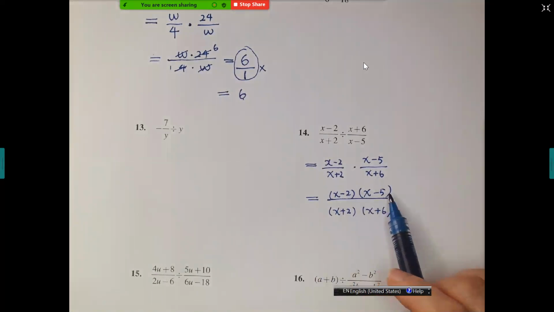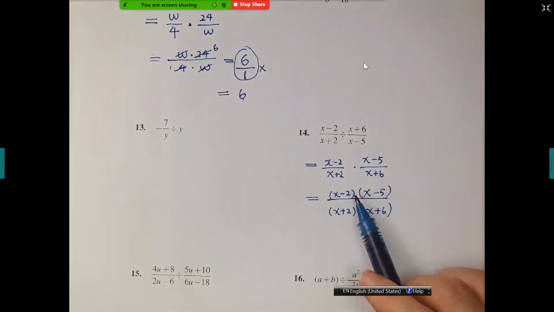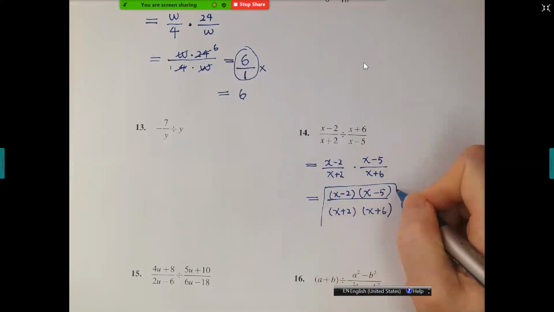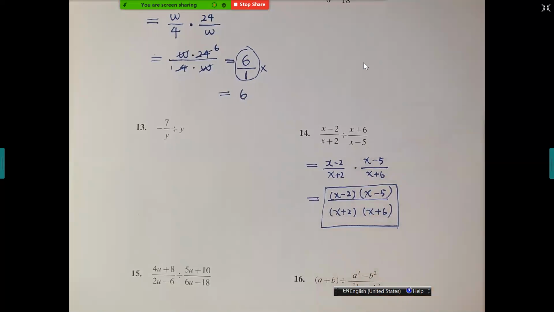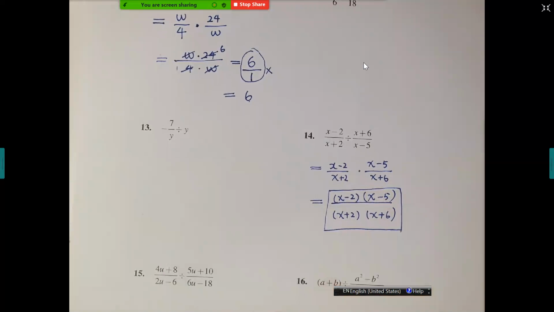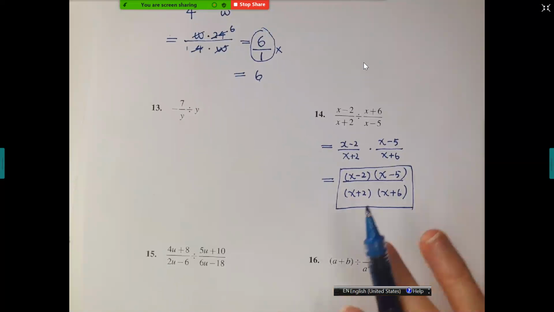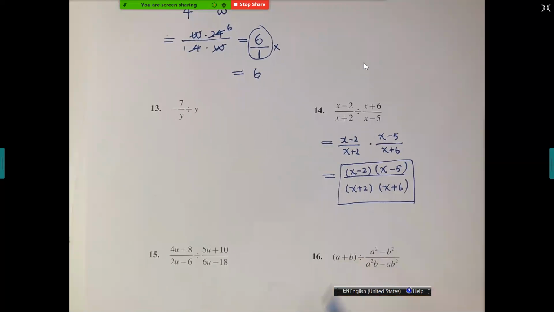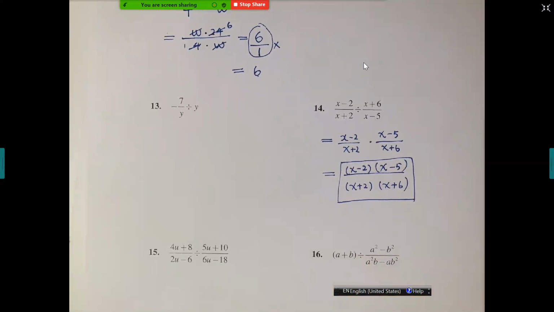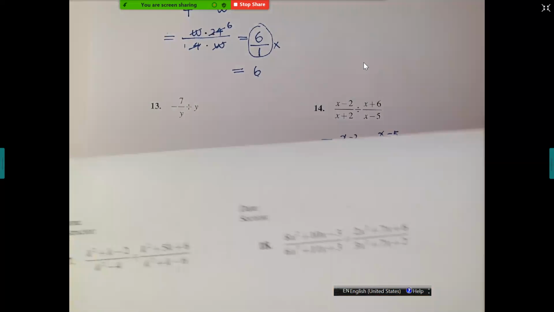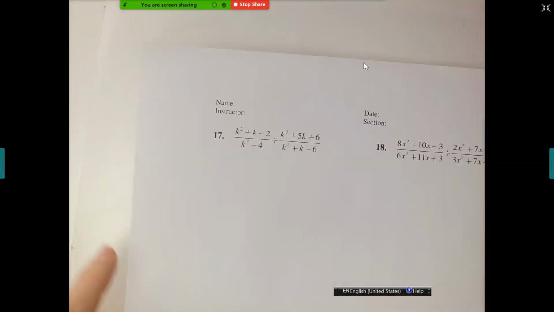You do not need to use the FOIL rule. This is an acceptable final answer. Do not multiply them out. Just keep this one as the final answer. Let me give you one more example, to do the division.